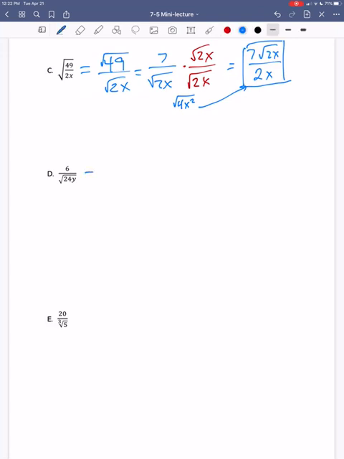And what's usually best is to go ahead and simplify any radicals that you can simplify first. So I'm going to rewrite the 24 as 4 times 6. And so I know I can take the square root of 4 and get just 2.